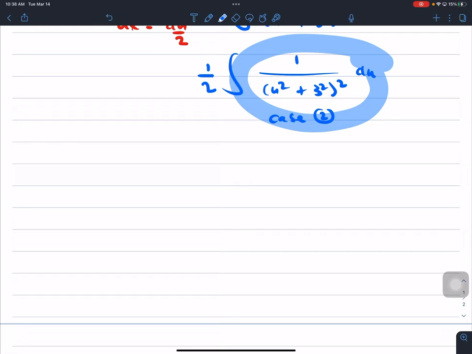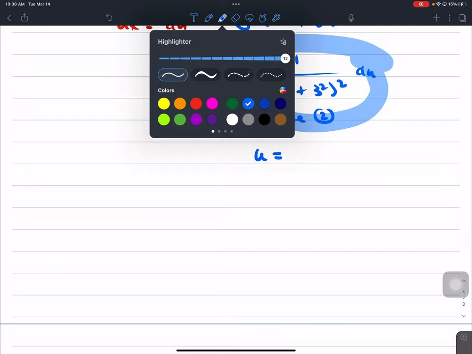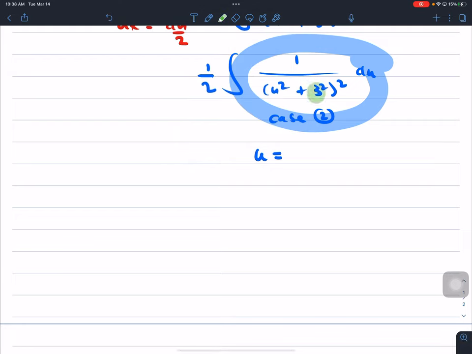So, okay, now, what does case 2 say? What does u have to be again in case 2? Do you guys remember? You need this value called a, is that right? So this is 3 what? Squared. What does case 2 say?